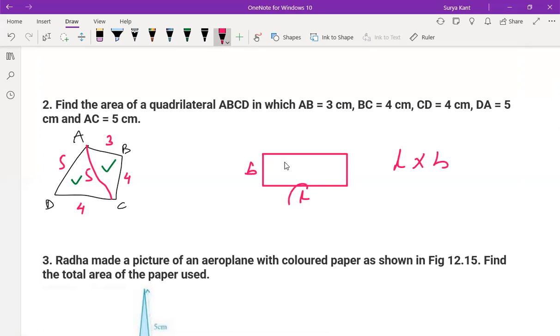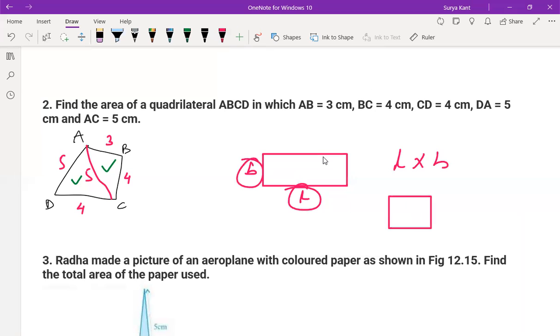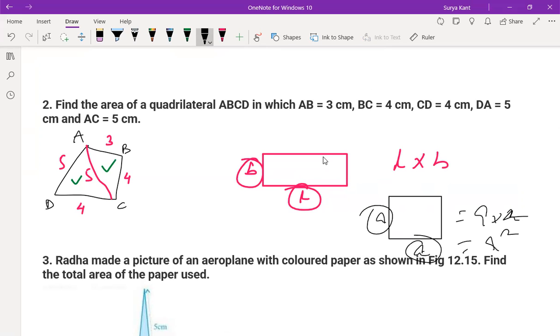See, this is base into height. If you see a square also, what is the area of a square that you know? Side square, right? How side square? Base into height. So a into a, that is a square. Understood? So quadrilateral is all like that only. It's base into height.